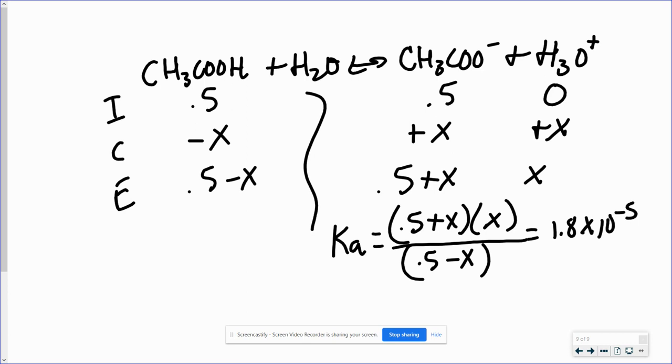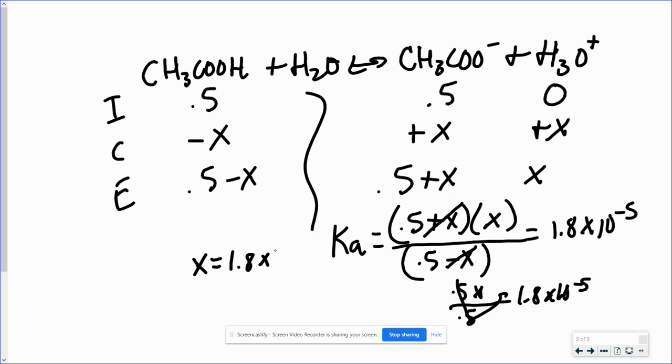This is where we can say the Ka is small, so we can ignore this X and this X, which means we would just have 0.5 X over 0.5 equals 1.8 times 10 to the minus fifth. We cancel off those 0.5s and end up with X equals 1.8 times 10 to the minus fifth.